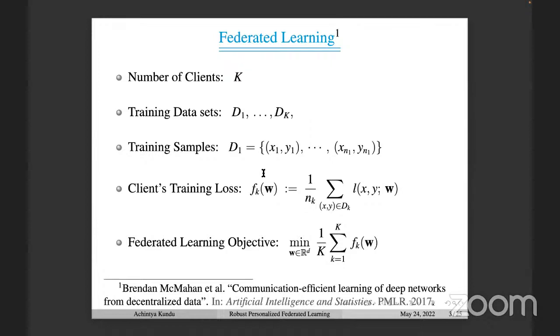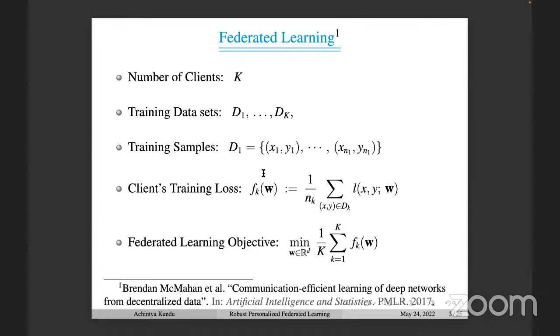So in mathematical terms, let's define certain things. We have K clients. That means we have K data sets privately owned, and each one of them wants to learn a model. For example, the training data set of client 1 is given by pairs of (x, y) examples. There are n1 of them.